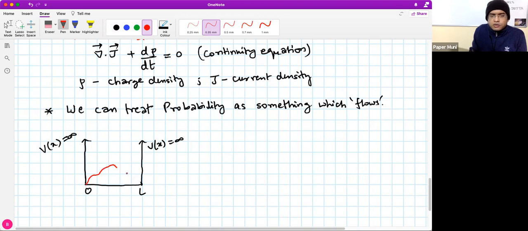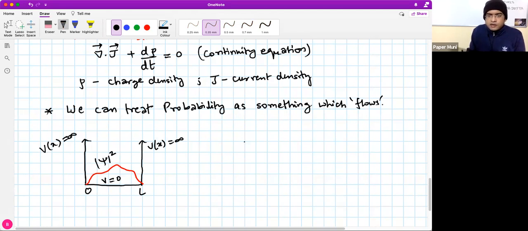It could be a superposition, it could be anything. Let me draw it to make more sense. Just a rough drawing. Now V is 0 here. So this is the wave function at any time t.